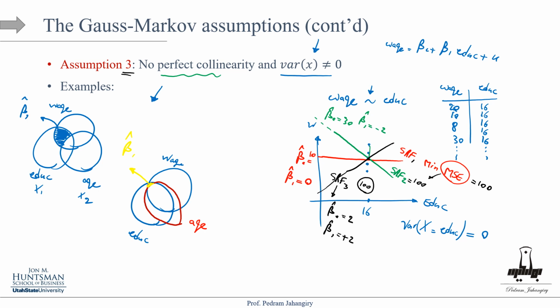So as you can see, if that's the case, the model is using less and less information, and it's going to have a harder time pinning down beta hat 1. And again, in the extreme case, when there is perfect collinearity, we know that this is wage, this is education, this is also age. We cannot find beta hat 1. Hopefully you get the idea. So that's assumption number 3.